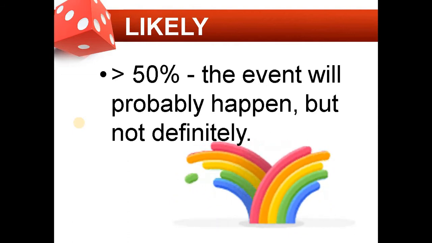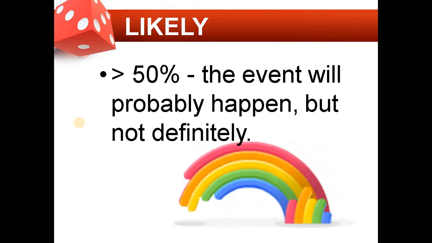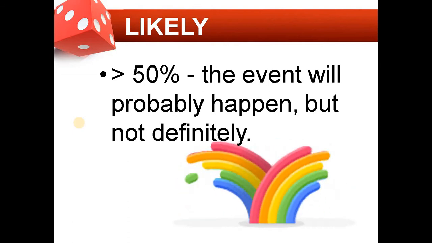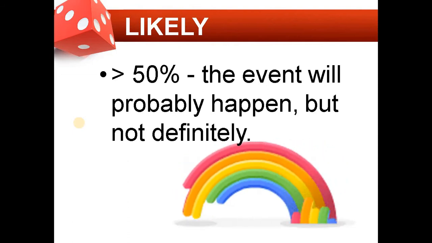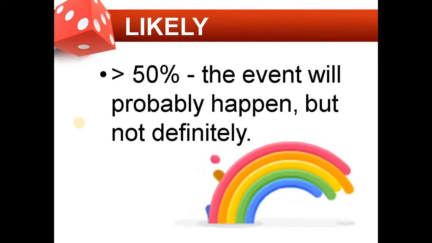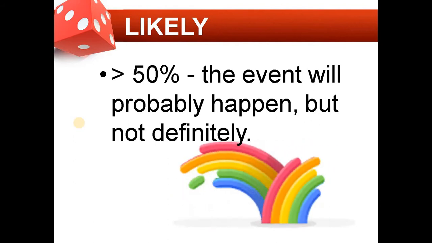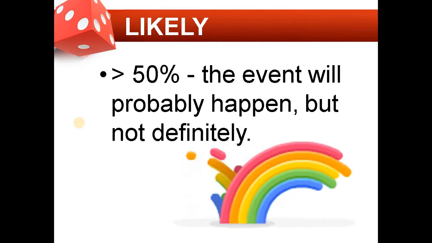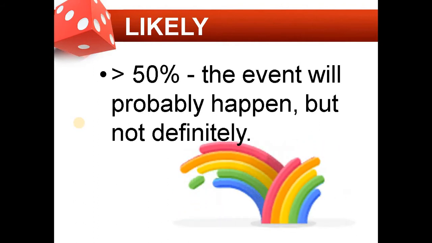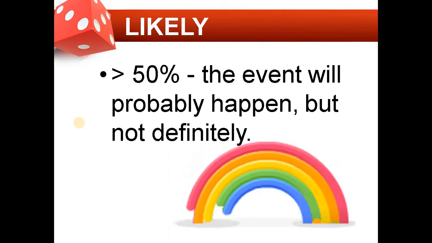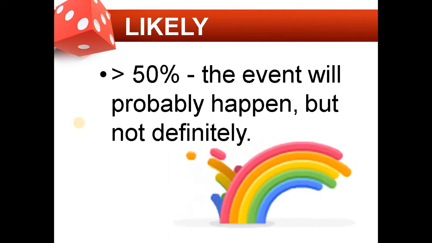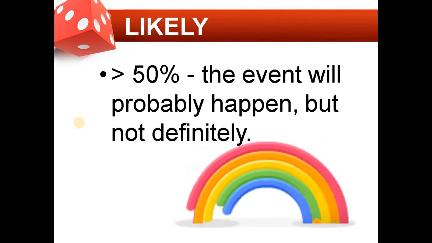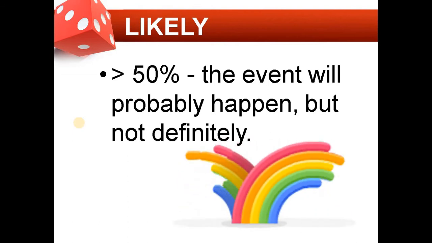What is the probability to pick a color red, orange, yellow, and green in the rainbow? You know that these colors are in the rainbow, so it is more likely to happen. So more than 50%.